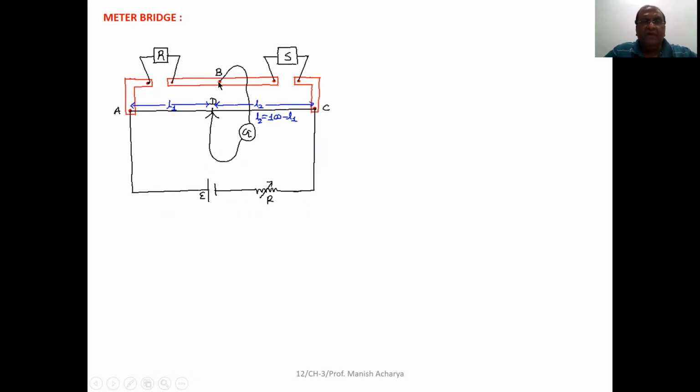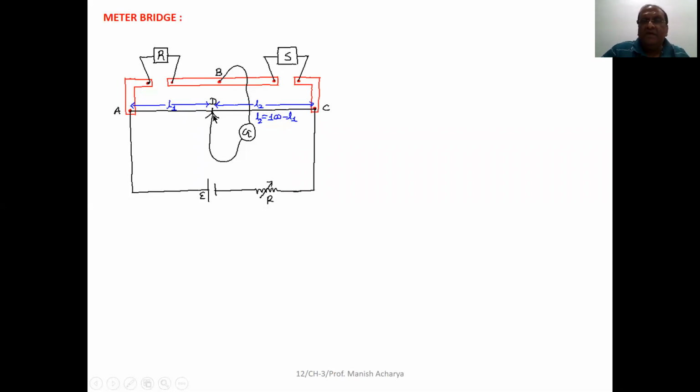Now the galvanometer is connected between terminal B and the jockey key. And between A and C, the battery is connected.